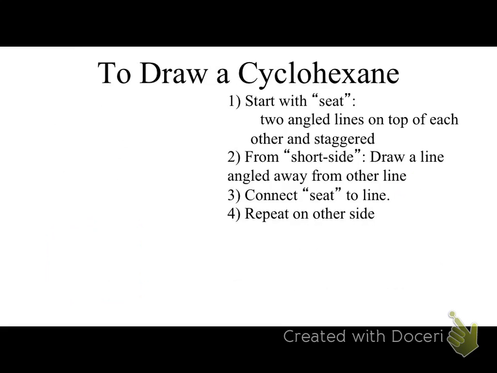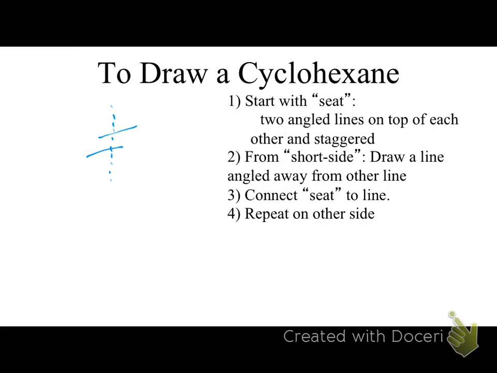So this is a general guideline for how to start it. I recommend personally starting with the seat of the cyclohexane. We'll pick two angled lines and draw them roughly on top of each other. We can give them a little bit of space in between them and kind of staggered, so that when I draw this out, we draw something along that and that. You notice we've got a staggered situation there. I'll then go through on either half of that molecule, so I'll roughly cut this thing in half. Whichever one was the short side, that's where I'm going to start drawing my next line.